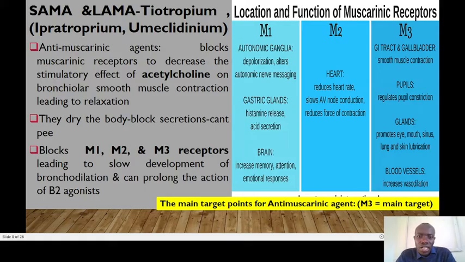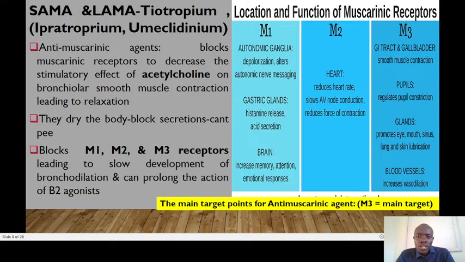They block muscarinic receptors, and the muscarinic receptors could be the M1, the M2, the M3. In this case, they will decrease the stimulatory effect of acetylcholine on the bronchial smooth muscle contraction, leading to relaxation.